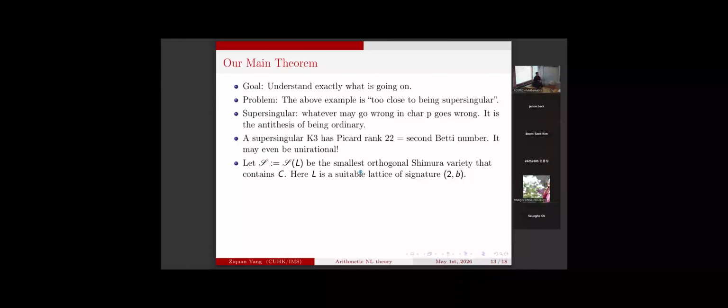This lattice L is essentially the Néron-Severi lattice of the geometric generic fiber of your family. The mod p reduction of your Shimura variety has a Newton or height stratification. Here I'm assuming that p is prime to the discriminant of L, and I'm ignoring these technical assumptions.